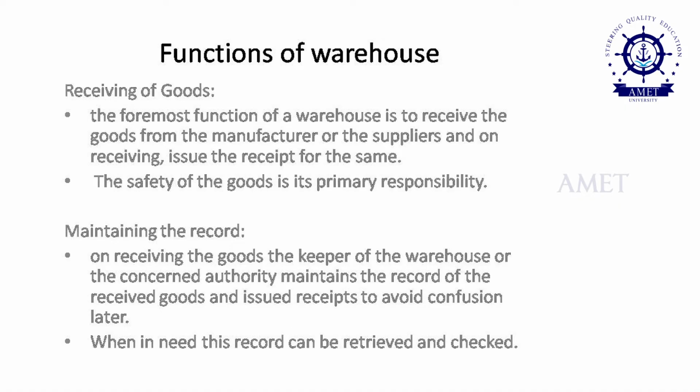Let us look at the first one, the receiving of goods. The foremost function of a warehouse is to receive the goods from the manufacturer or the supplier. Manufacturer means finished goods, supplier means raw materials, and on receiving, issue the receipt for the same.